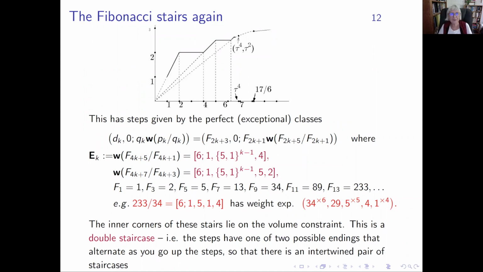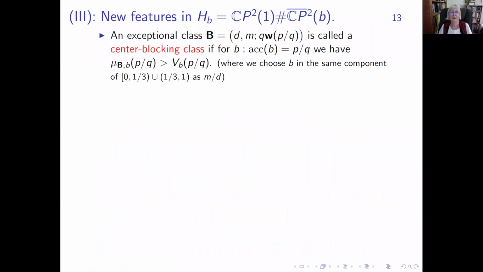Now, I think the next slide is a picture of what our staircase can look like. Oh, well, no, not quite yet. It will be. So when we blow up a point, then our exceptional classes have D, and then we have this extra factor M, and our blocking classes are called center blocking.